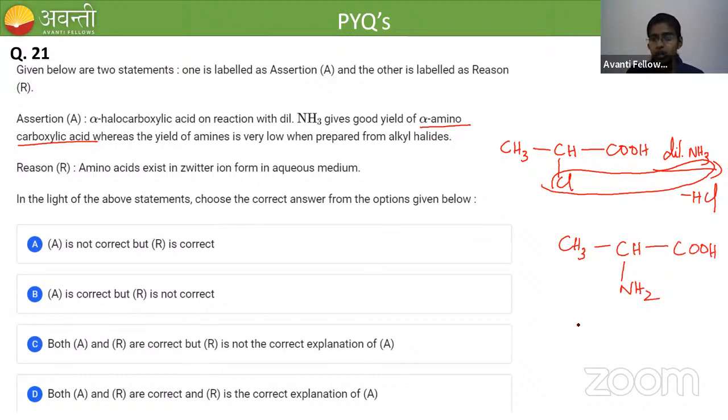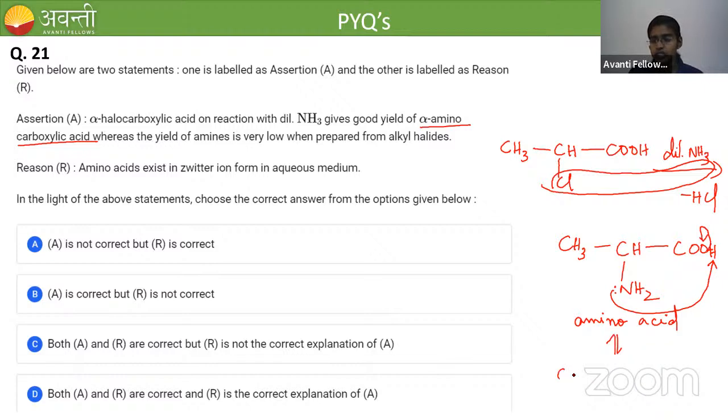Okay. And this amino acid exists in zwitter ionic form. What is zwitter ionic? The lone pair present on the nitrogen will attack the acidic hydrogen of the carboxylic acid. The electrons between O and H are shifted to oxygen.